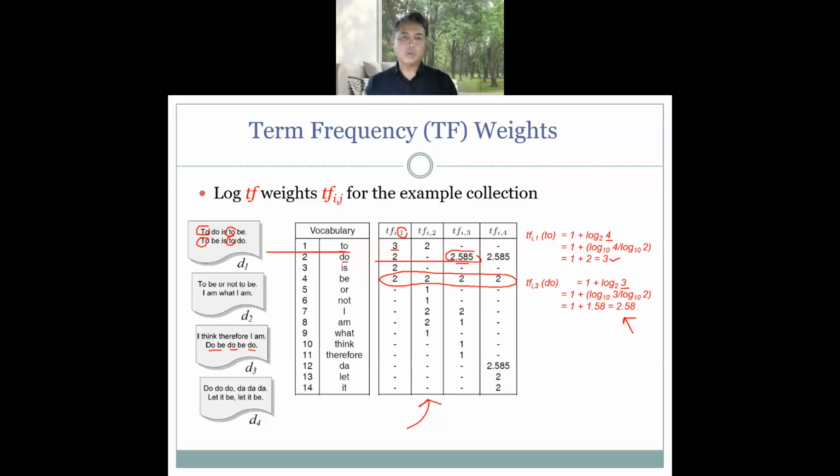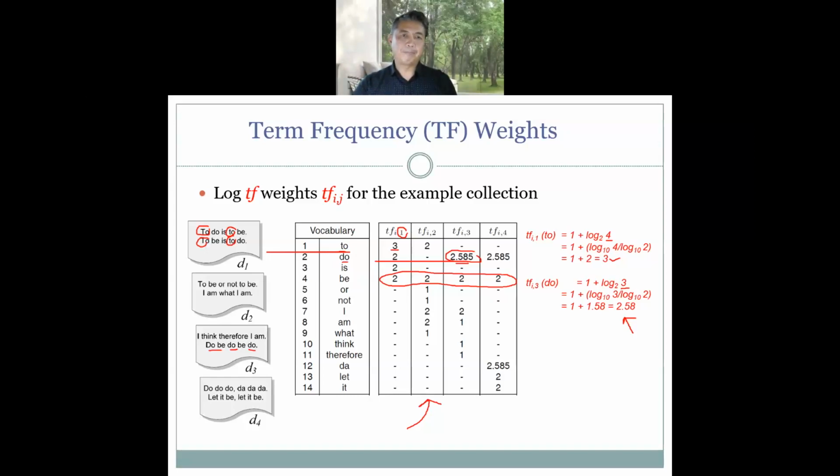Our goal is to make the weight 0 because we do not want the word B to have an influence on the final calculation. So we want to slash these two out. How do we do that? We use the inverse document frequency.